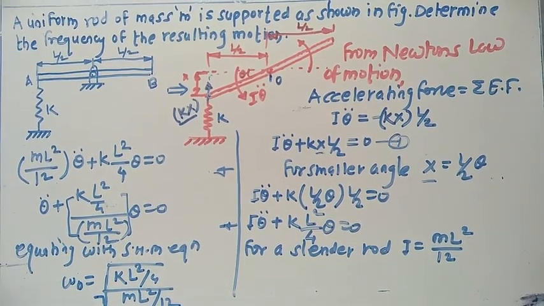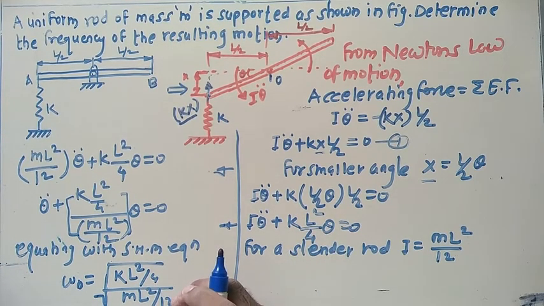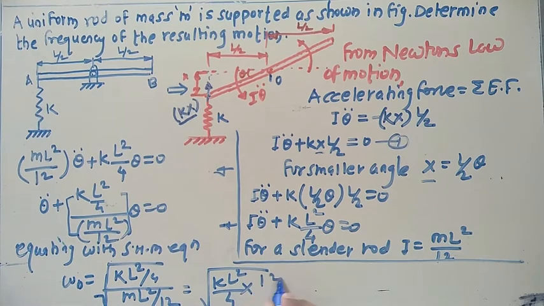In this way the step will come. If we simplify this, omega n equals square root of k L square by 4 multiplied by 12 divided by ml square.